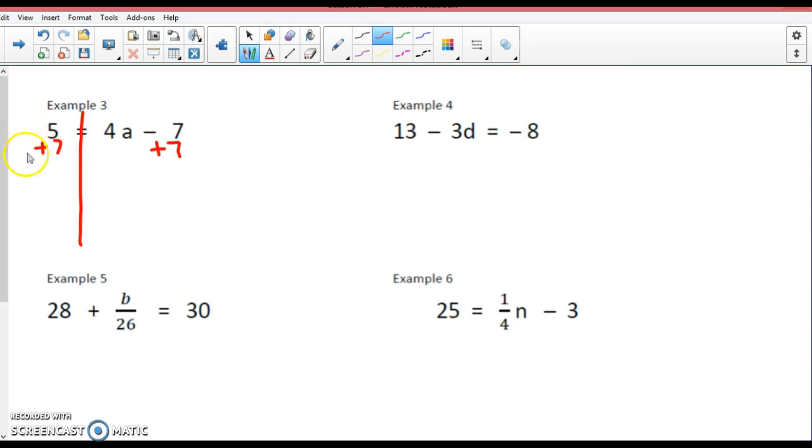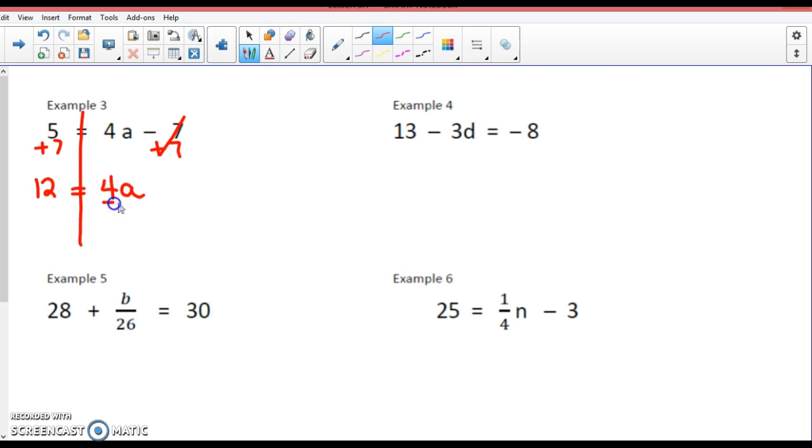So 5 plus 7 is 12 equals, what's negative 7 plus 7? Everybody? 0. So I'm left with 4a equals 12. Because I've undone or moved that 7 by doing the opposite. Now, here's my variable. I'm repeating my process. I only have one number left. What does that mean? 4a. That's multiplying by 4. What's the opposite of multiplying by 4?